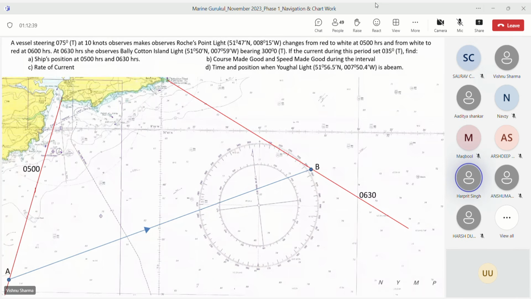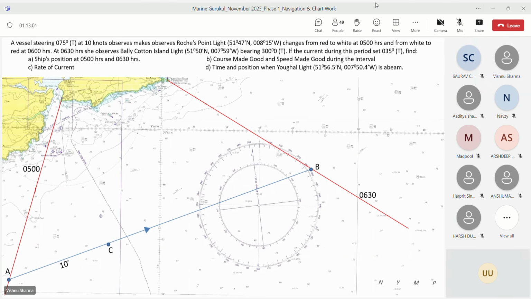Open 10 miles on the compass, keep it at A and mark off point C on the CTS line. Okay. So from A, 10 miles from A, I have marked point C.